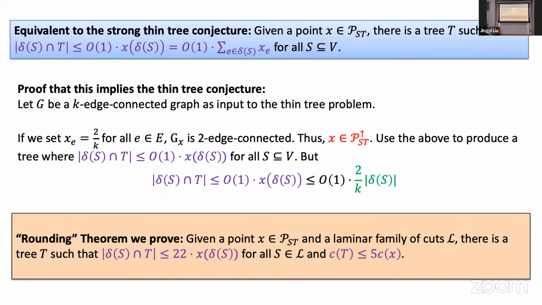If you think of the sets as containing edges, I'm guessing the VC dimension is large. Yeah, that's a good question. I think it should be large. Other questions?